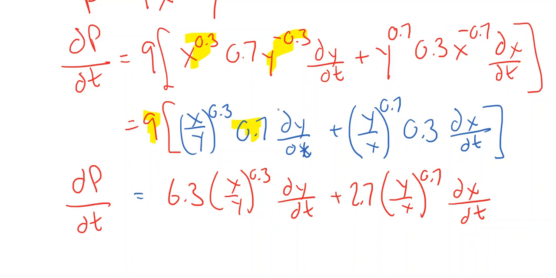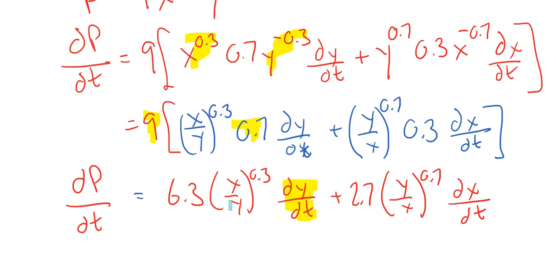Now, we need to solve this for dy/dt. We've got a little bit of algebra to do here. But first, we want to plug in the numbers for dP/dt, x and y. We know dP/dt is 87. We know x is 129, but we don't know what y is.